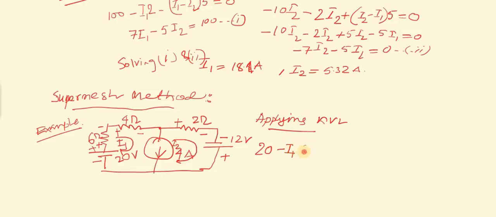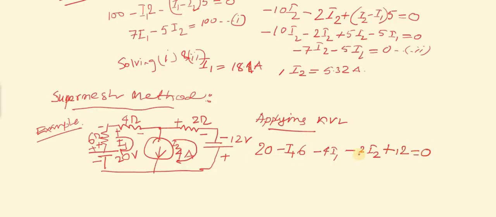So I1 into 6, then come to here, 4 into I1, this is minus 4 into I1. Okay, so this part is one and this is open circuit, mentally I will assume, and come to here, for this case 2 into this I2, minus 2 into I2, and come to here, this is voltage positive, so plus 2 is equal to 0.